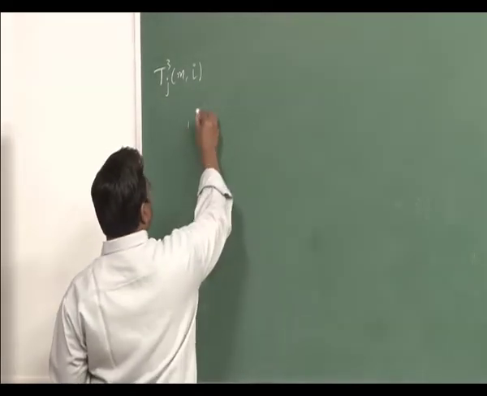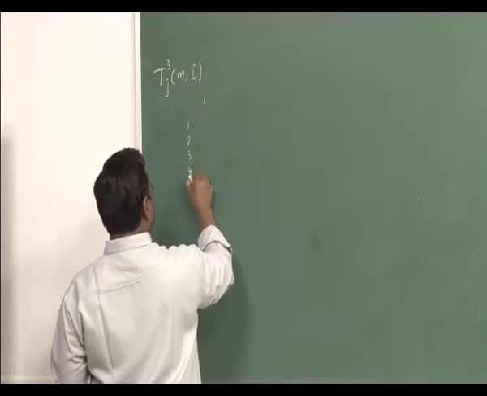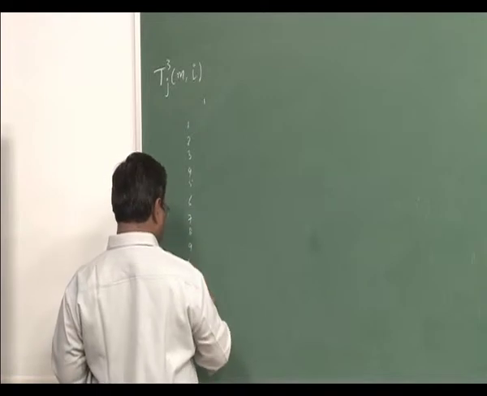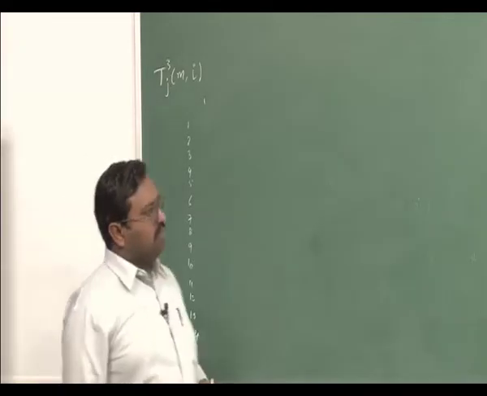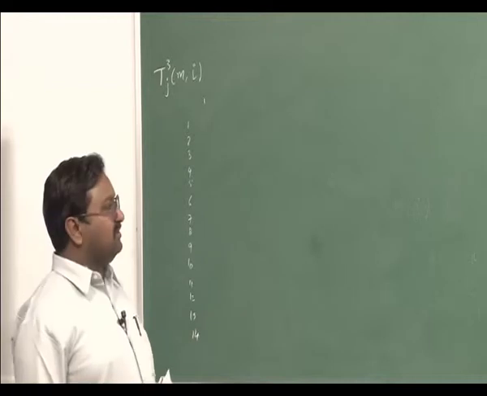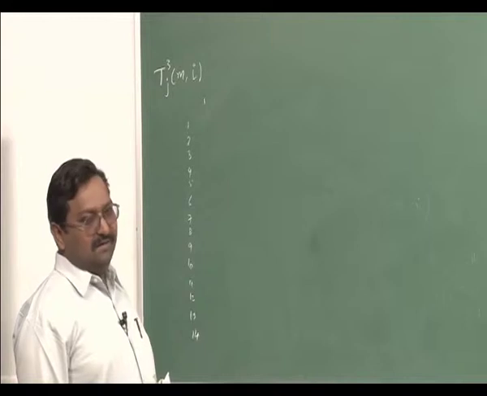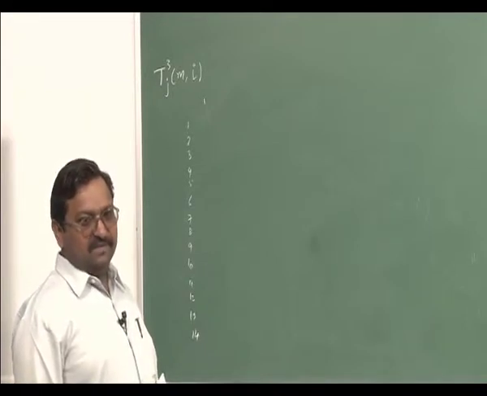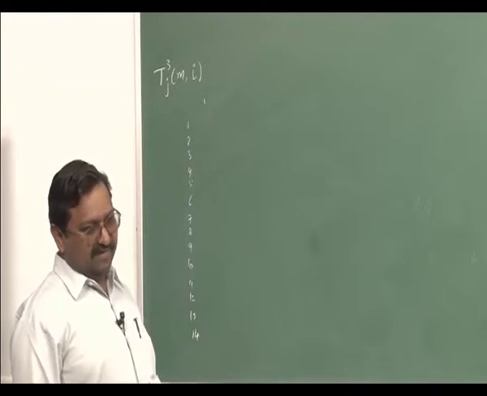So if you have to go to 1 state, so 1 to 1, remember it's because of the arrival process. If you are in state 1, there is a possibility that one packet will arrive, there is a possibility 2 packets will arrive at both the lines, and there is a possibility no packet will arrive.